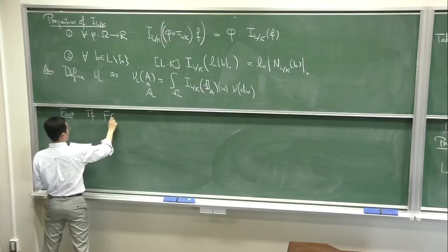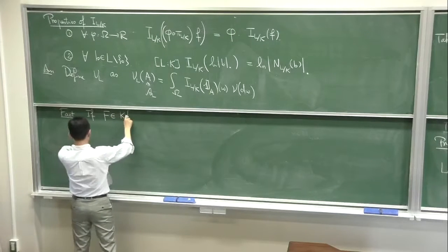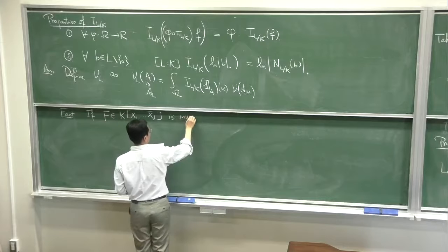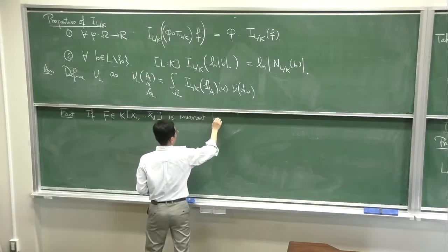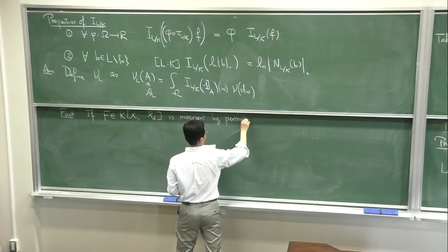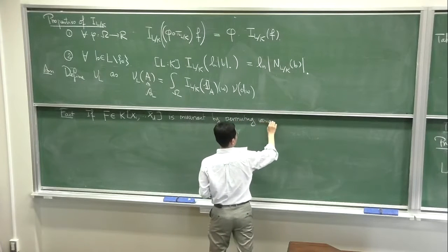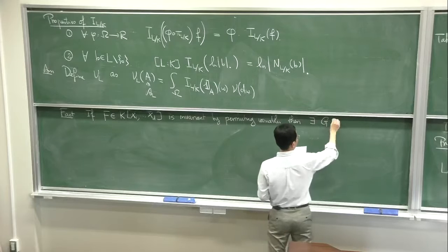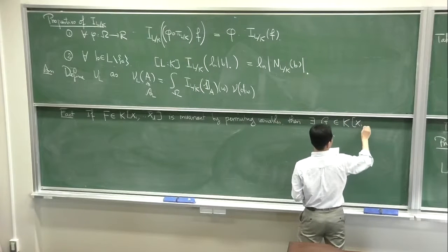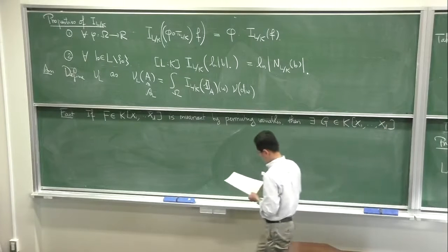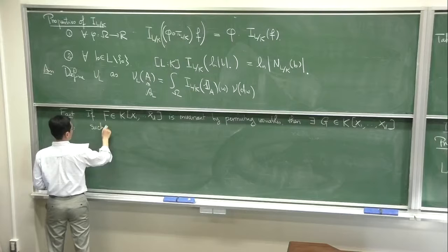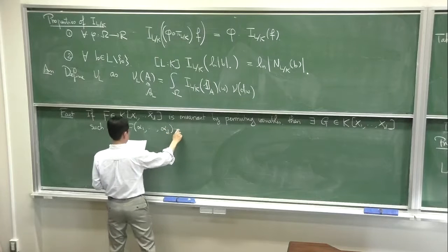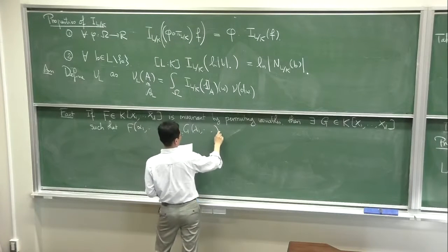If f in K[x_1, …, x_d] is invariant by permuting variables, then you can find some other polynomial g in x_1, …, x_d such that f(α_1, …, α_d) is given by g(λ_1, …, λ_d).